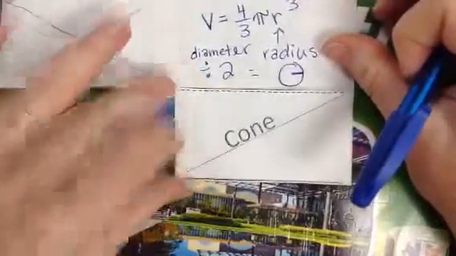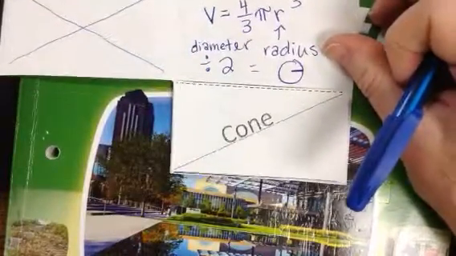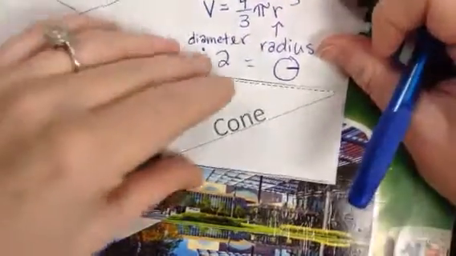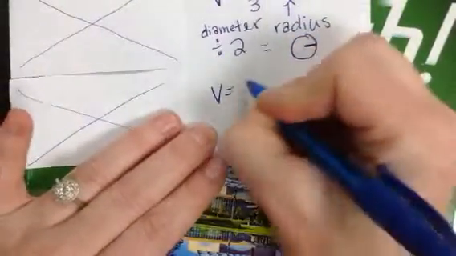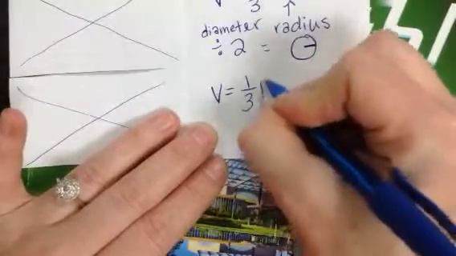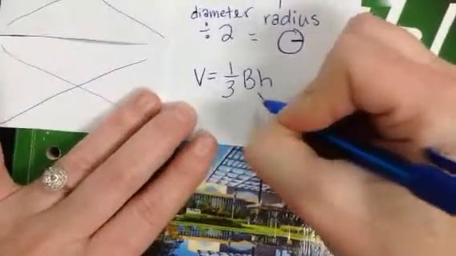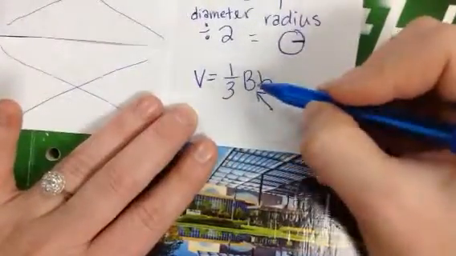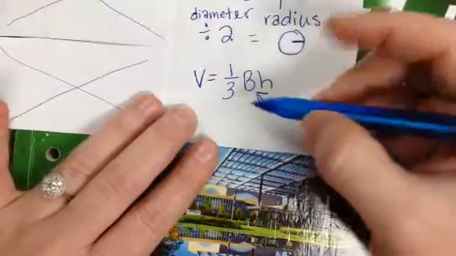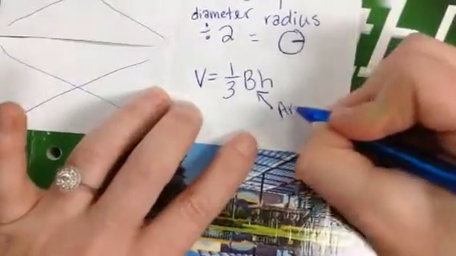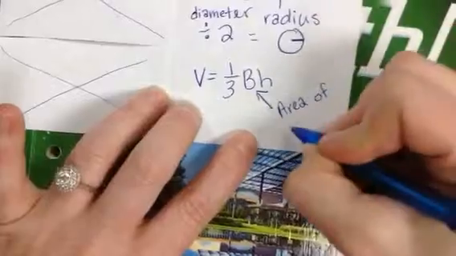Okay, last one on this note page is cone. So to get the volume of a cone, it says 1/3 big B little h. So it's really important that you know this B is not just go and grab a number off of the base. It is area of the base.